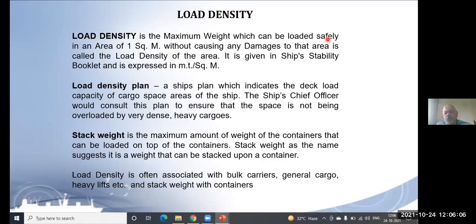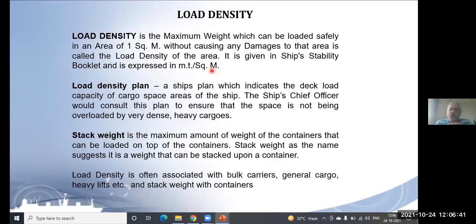That is load density, and it is given in your load density plan. The shipyard will provide the load density plan, and without exceeding that load density you have to load the cargo. Load density is expressed in metric tons per square meter. Suppose I say 10, that means I can load 10 metric tons in 1 square meter.